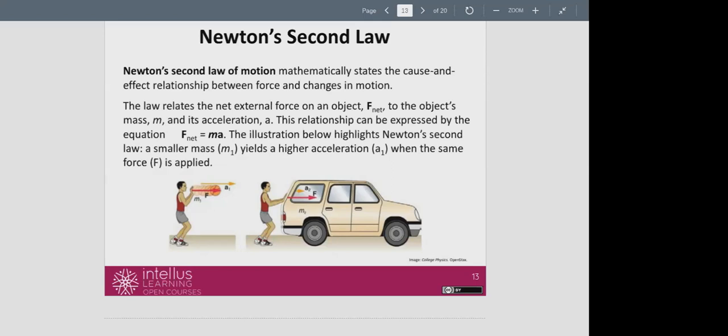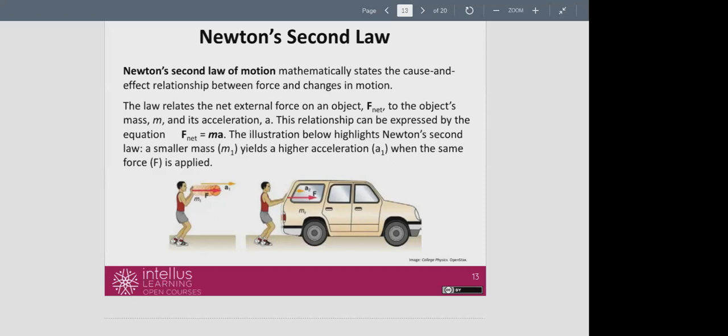And that's what they're showing you in the illustration. You can see that the person in the picture is pushing on the basketball and the SUV with the same amount of force. How do I know that? Because the length of the force arrow, the length of the force vector, is the same. So if the length of the arrows is the same, then the amount of force is the same. But because the basketball has a much smaller mass, the acceleration vector a is much bigger.